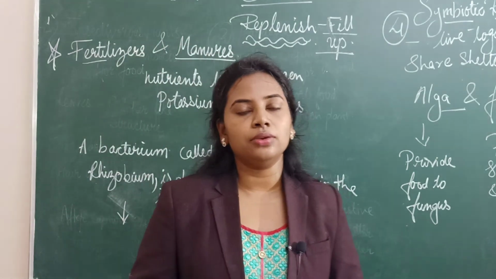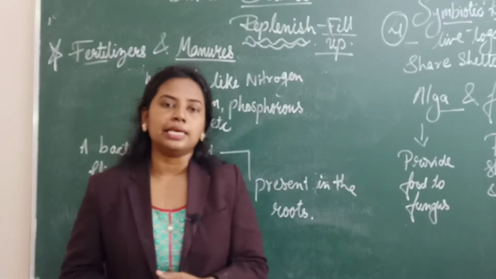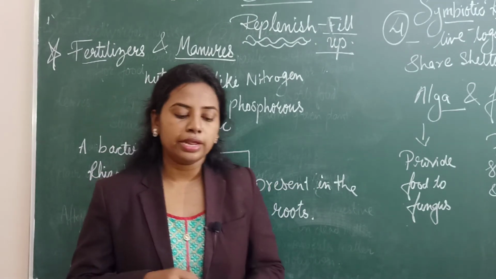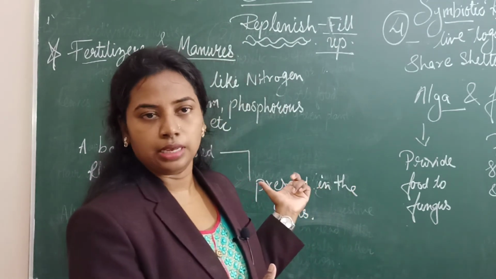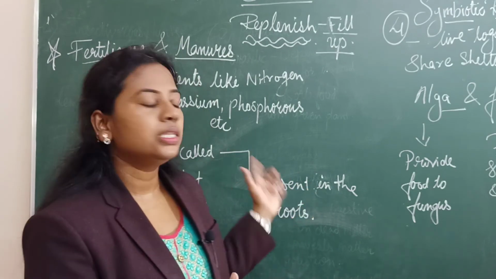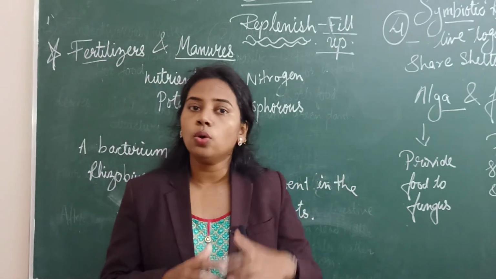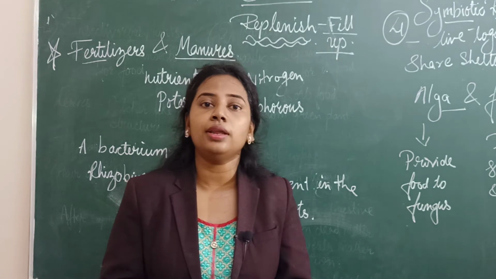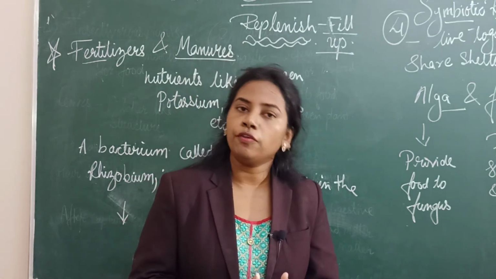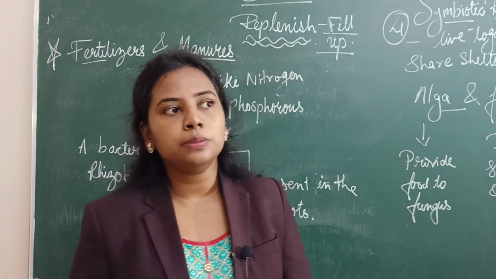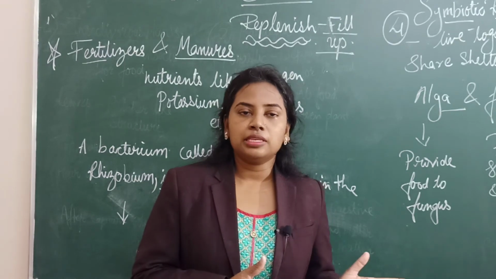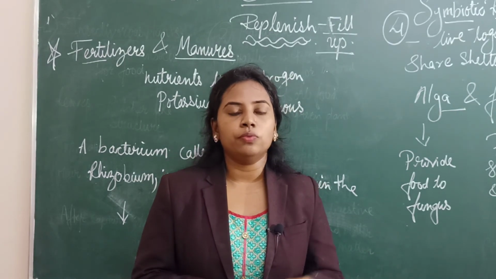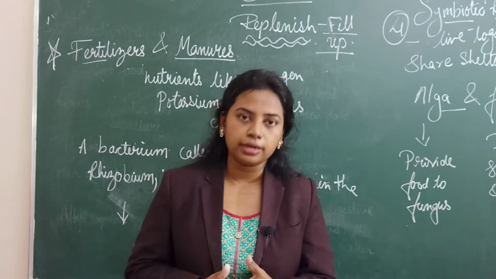So what I'm telling you, student, is to go through the lesson and read it once. Whatever points I have written in each and every video, write them down in your notebook with neat and clean handwriting, with the diagrams of the experiment. For the experiments I explained in the previous video, you have to make one activity notebook.